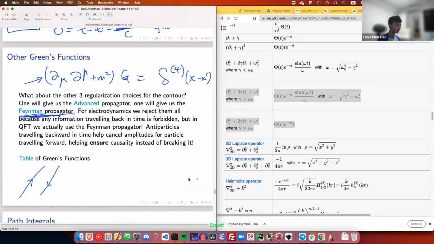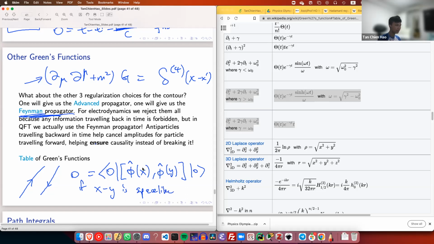But it turns out that when we talk about QFT in future, we're going to do calculations that look something like this. We're going to say the fields become operators. We're going to say something like that. And we want this to be 0 if x and y are space-like.